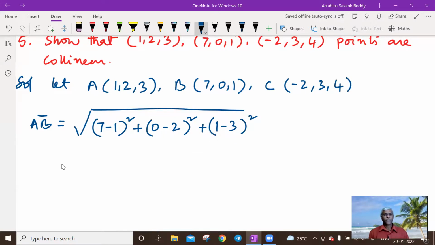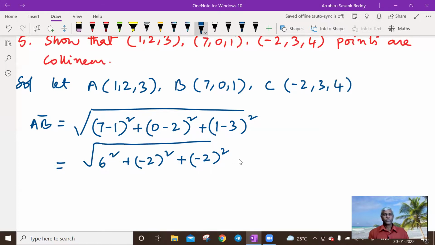That is 6 square, minus 2 square, minus 2 square. 6 square is 36, 2 square 4, 2 square 4.